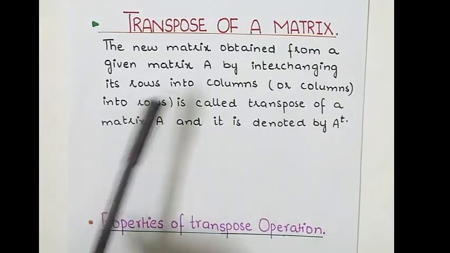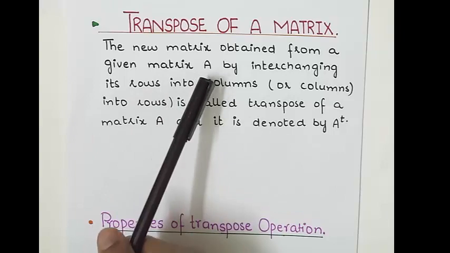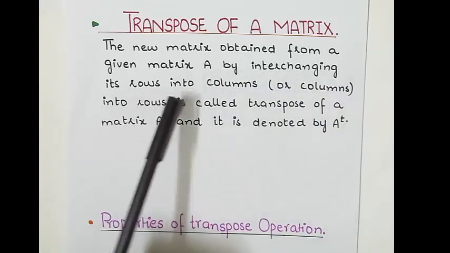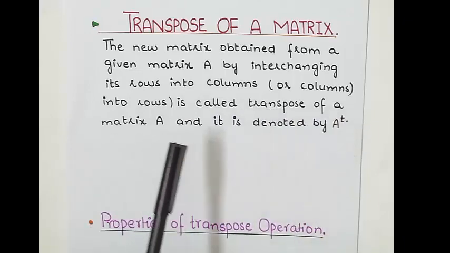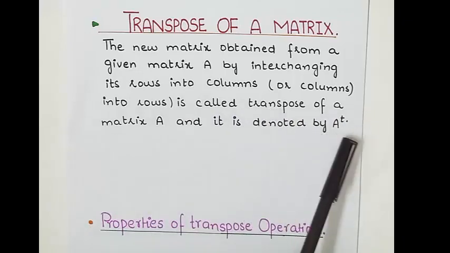Right? So the new matrix obtained from a given matrix A by interchanging its rows into columns or columns into rows is called transpose of a matrix A, and it is denoted by A^T.